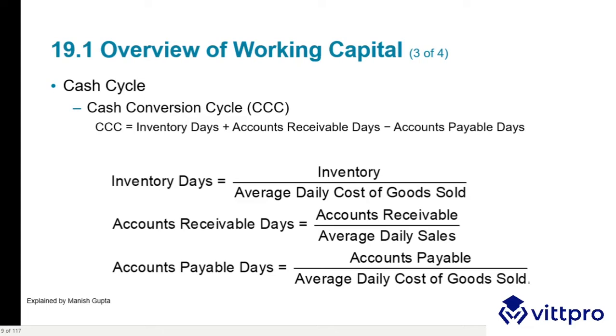Inventory days are inventory divided by average daily cost of sales. Account receivable days are calculated by account receivable divided by average daily sales. Account payable days are account payable divided by average daily cost of sales.